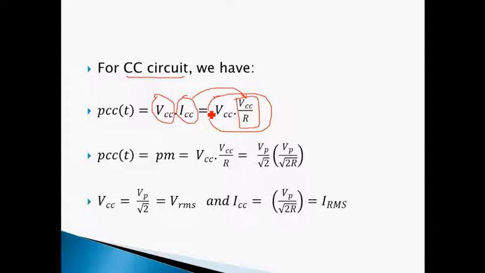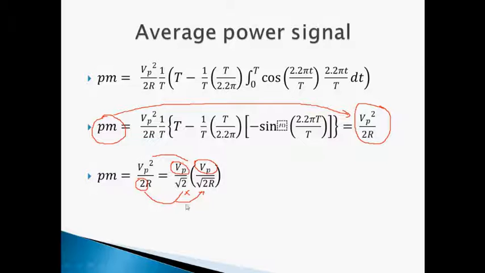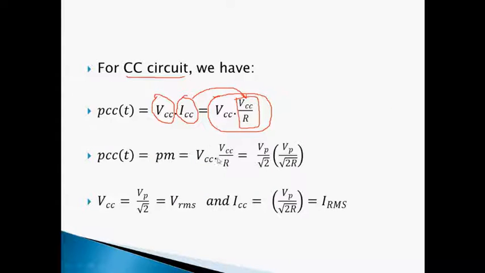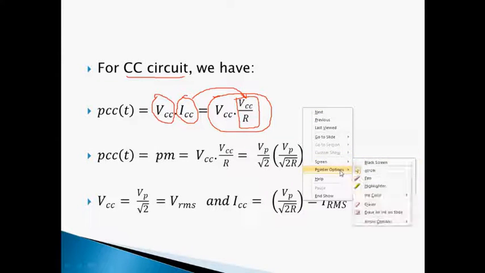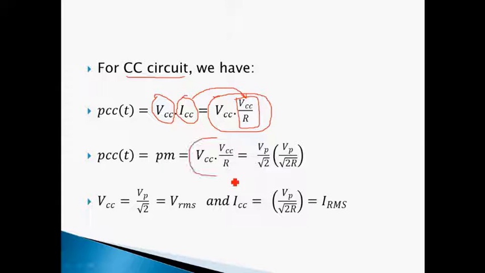If we put this expression equal to our previous expression, Vcc multiplied by Vcc above R is equal to Vp above square root of 2 multiplied by Vp above square root of 2, above R.